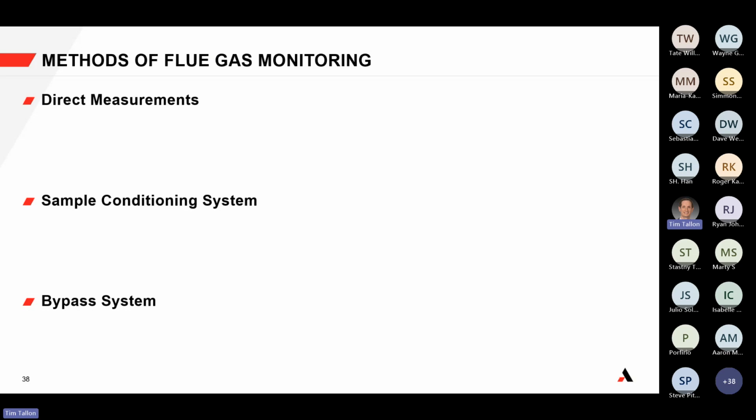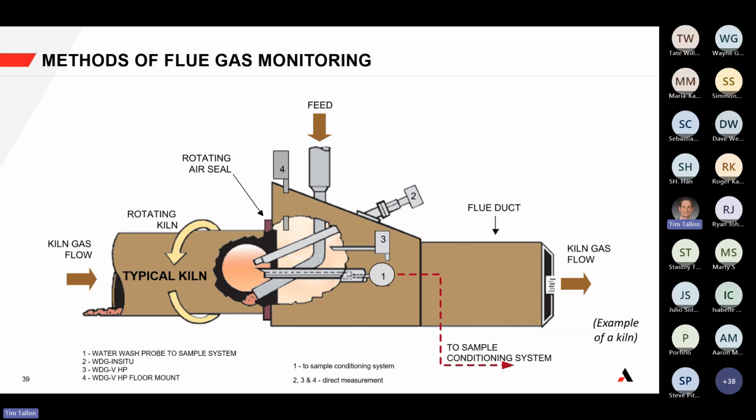If you take a lime kiln, for example, this is a nice way to see it all in one place. You can make a direct measurement with an in situ type going right into the process with the zirconium oxide at the end with the filter.